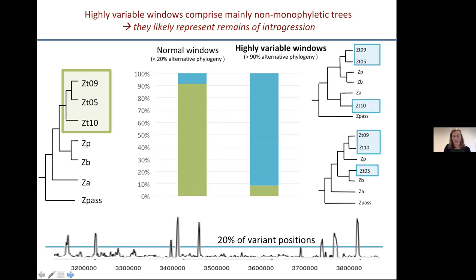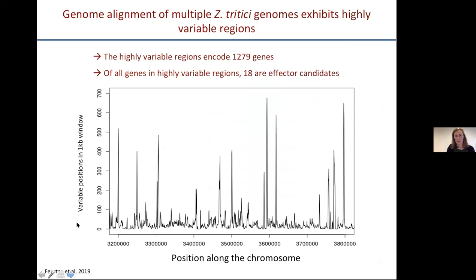So what we interestingly also find here, you can imagine that the big question is, does this have some sort of functional relevance, to have these highly variable regions? We are not there yet where we can really demonstrate the functional relevance, but at least we know that these highly variable regions co-localize with more than 1,000 genes, and a small number of these genes are actually effector candidates.